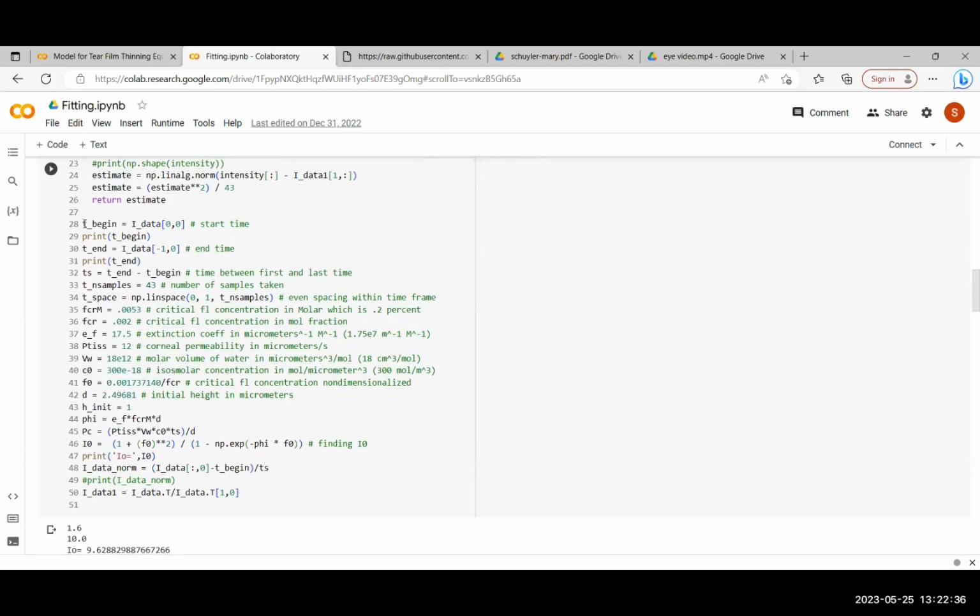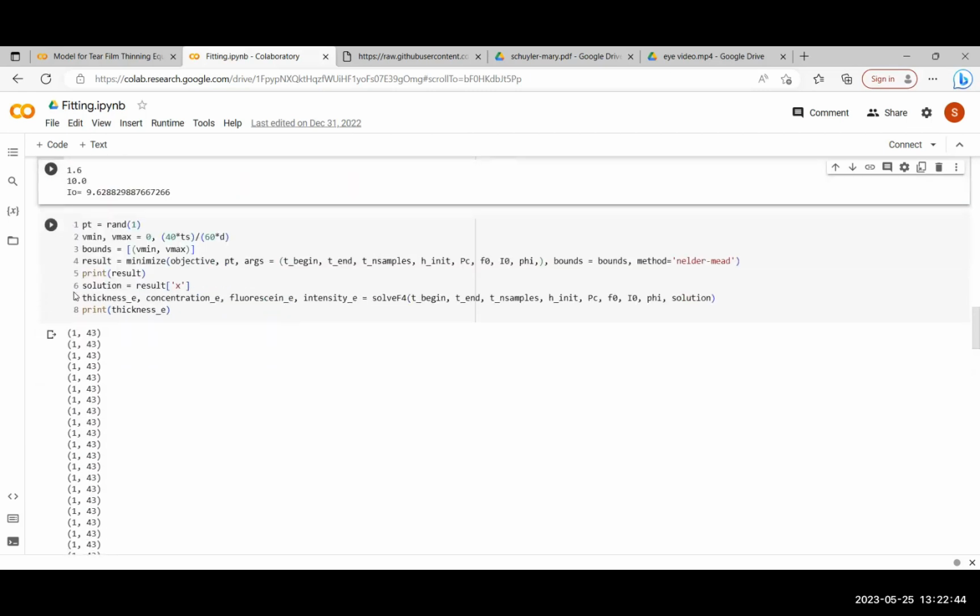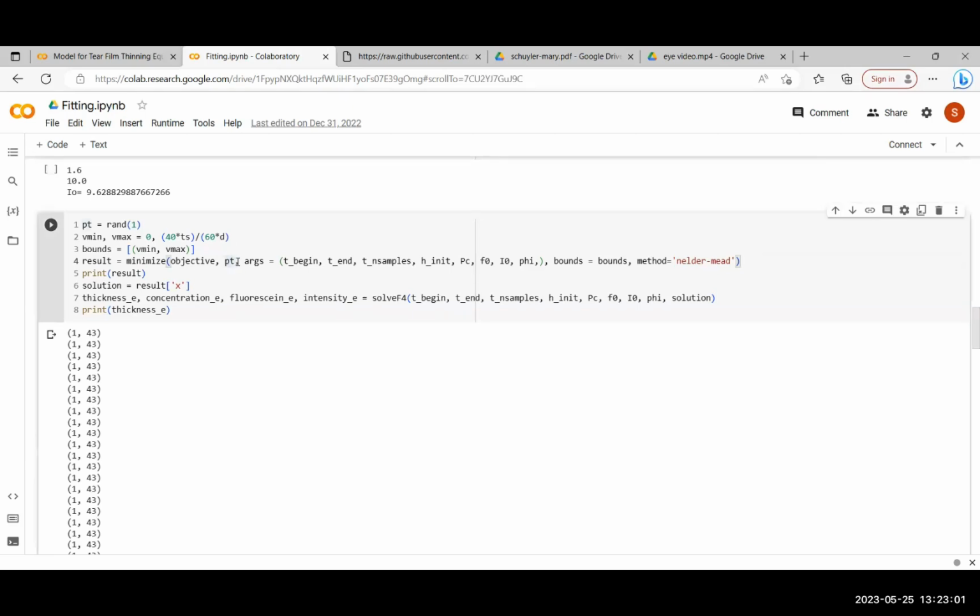And then again, we have here just a lot of variables, a lot of biological constants, so I'm not going to explain those too much. And then this one here, the most important line here is line 4. And this is where we call a minimize function that's built into Python. And we're trying to minimize the objective function that I kind of skipped over before. But it starts with point PT, which is a point.